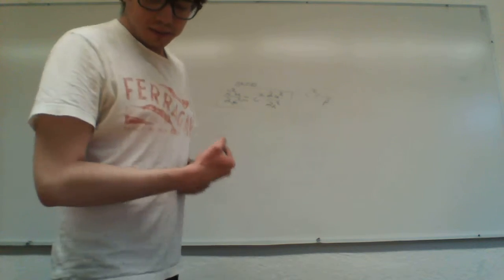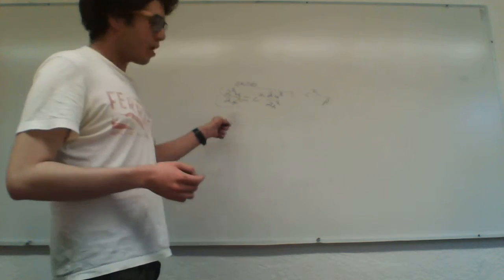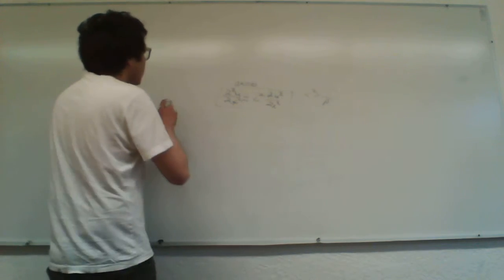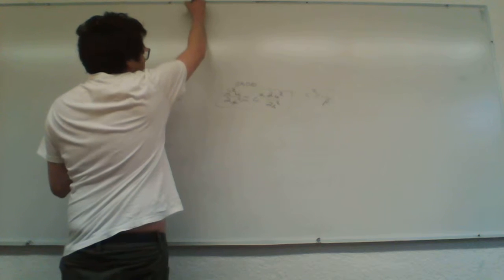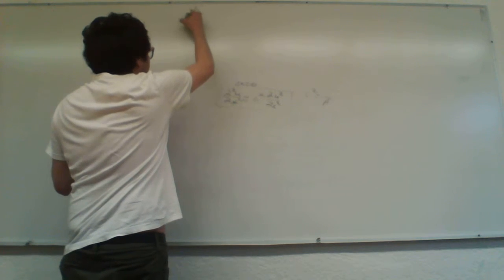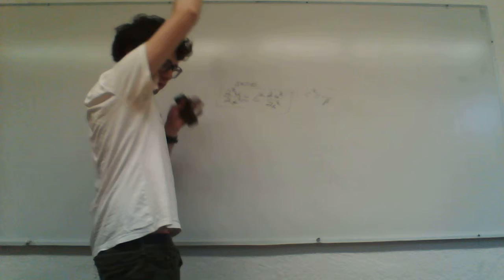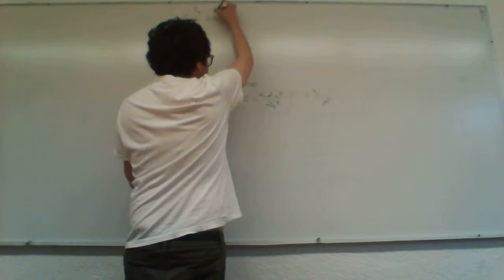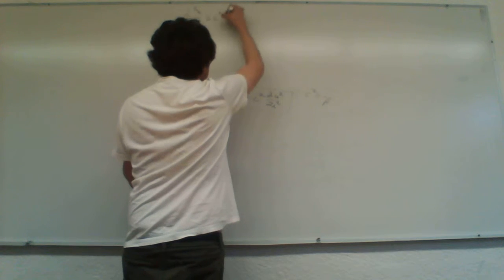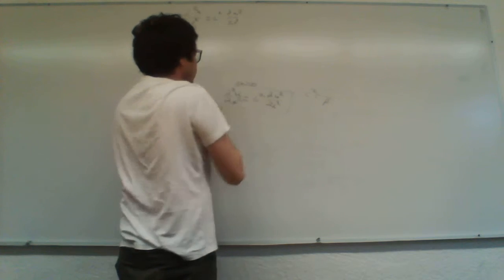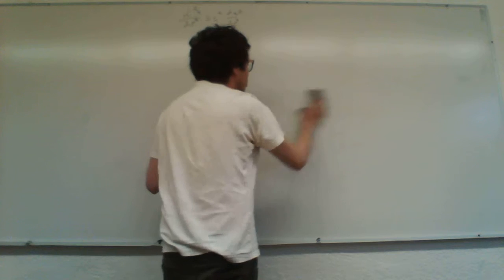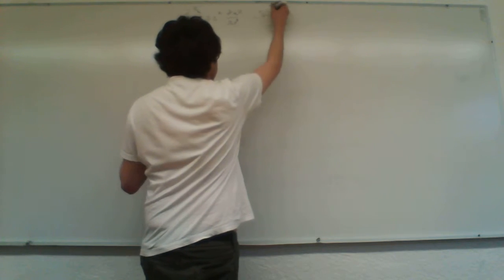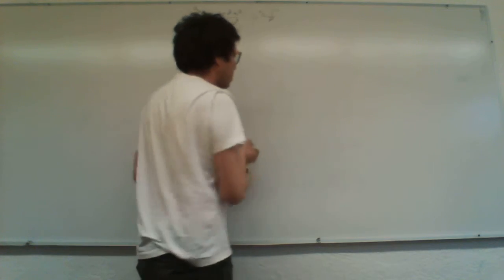In one way, that is this one. I'm going to write here c squared equals T over rho.